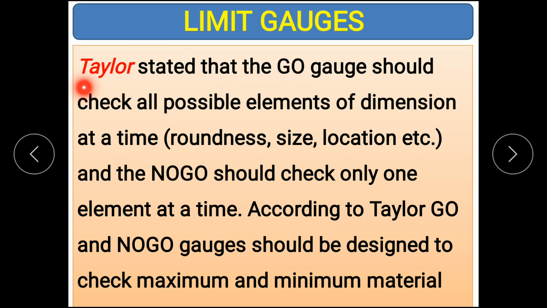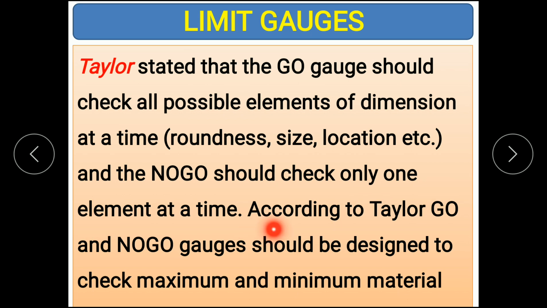Okay, so Taylor stated that go gauge should check all possible dimensions at a time, and no go gauge should check only one element at a time.